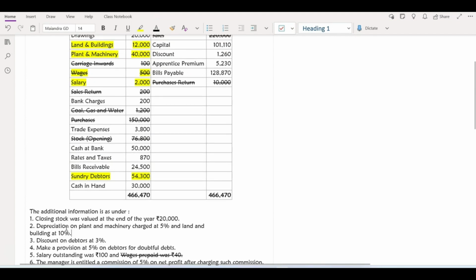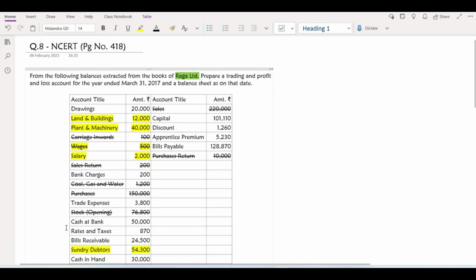How much is my drawings? My drawings is 20,000 rupees. So let's cross these two items. 20,000, cross it out. Capital, cross it out.